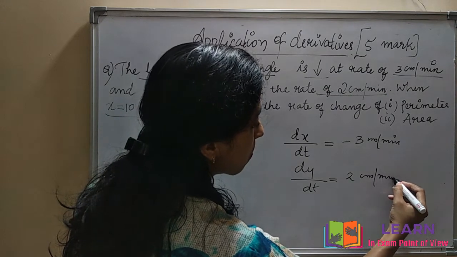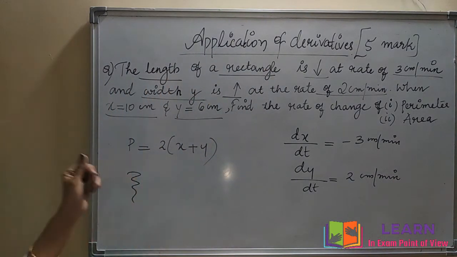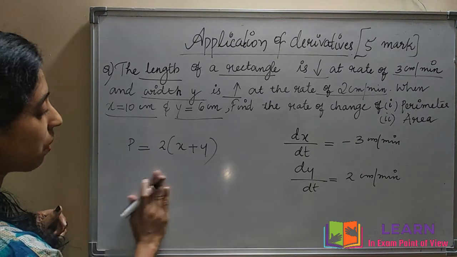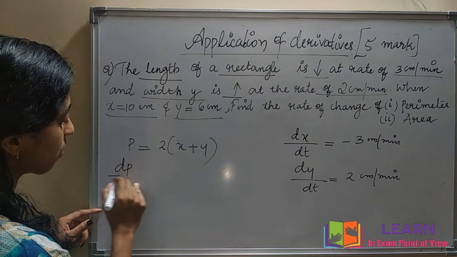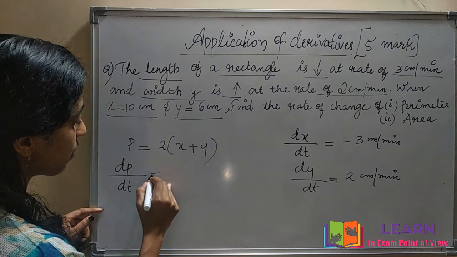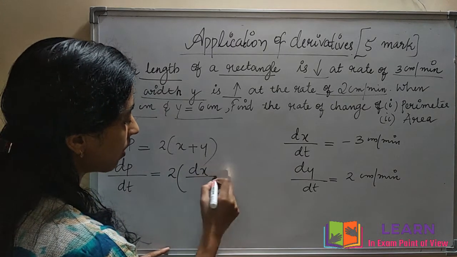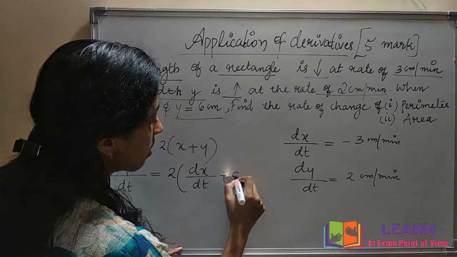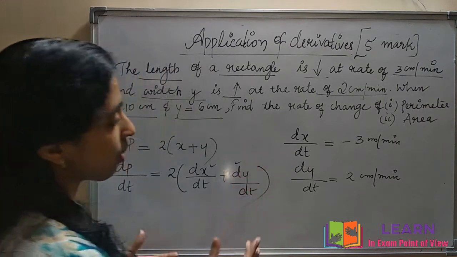Now we have to differentiate this, correct? Differentiating the perimeter, rate of change means with respect to time. 2 into differentiating, we will get dx/dt plus dy/dt. These two things we already know.